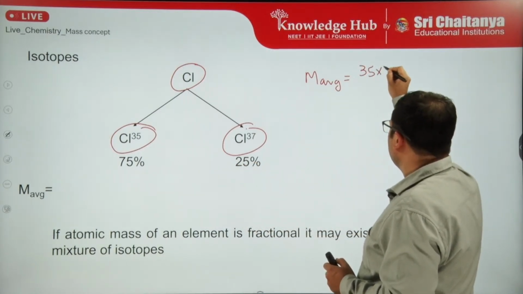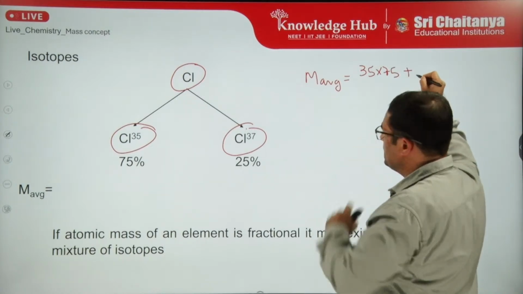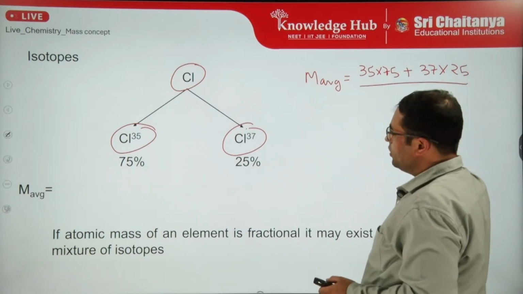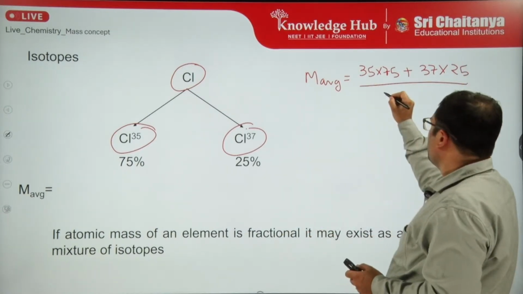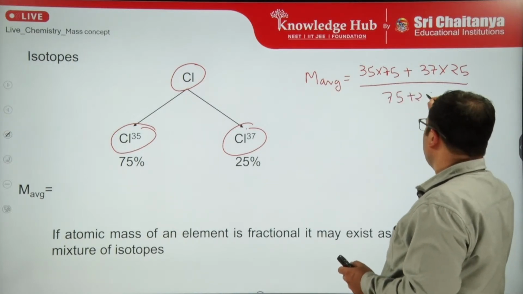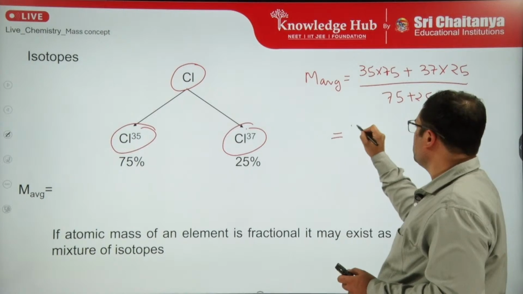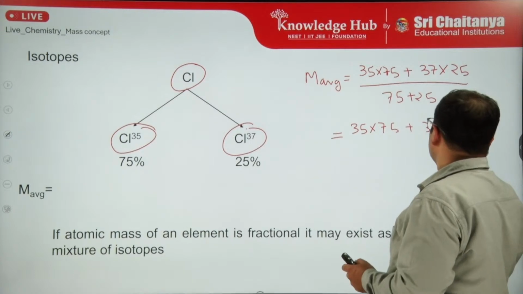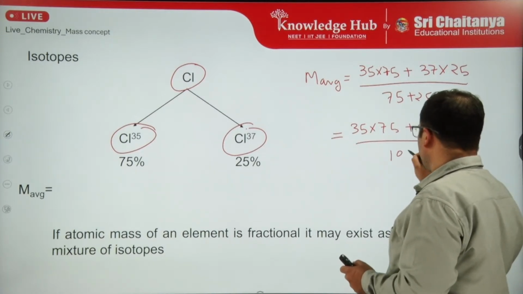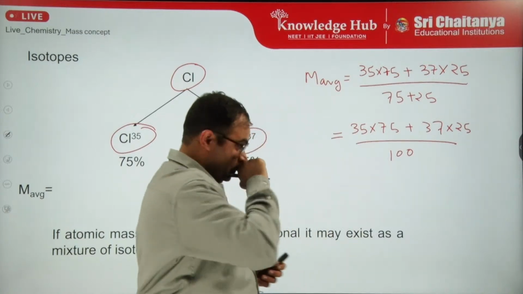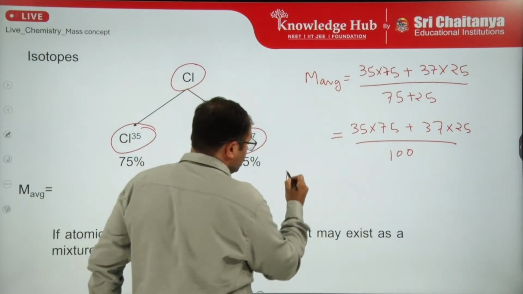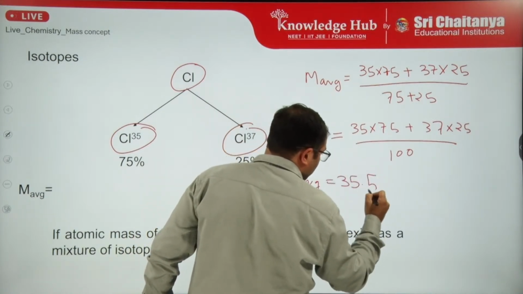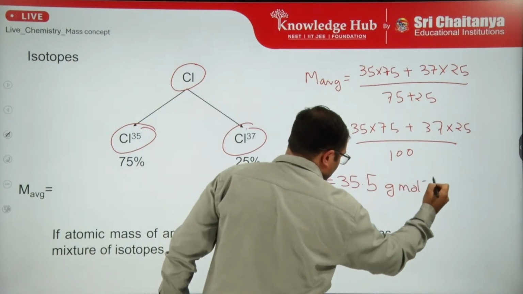So 35 into 75 plus 37 into 25 divided by 75 plus 25, right? By 100. Now if you calculate this, all of you will be astonished that this comes out to be around 35.5 grams per mole.